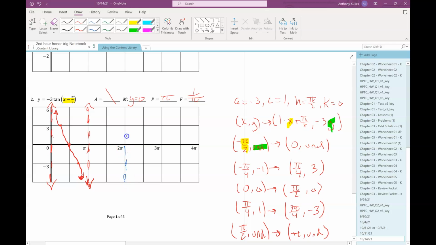So first thing I'll do is put in my asymptotes. So we go just like this.